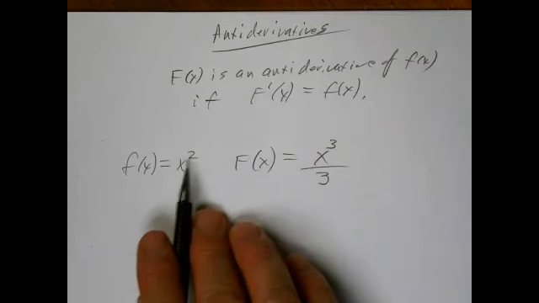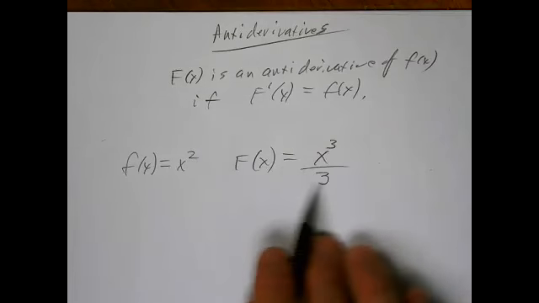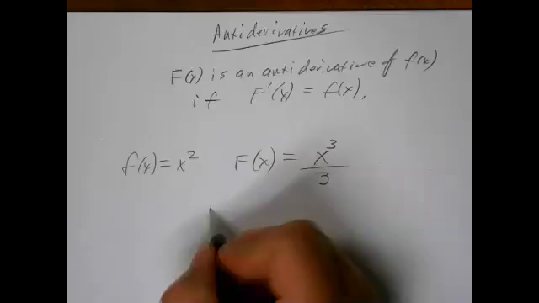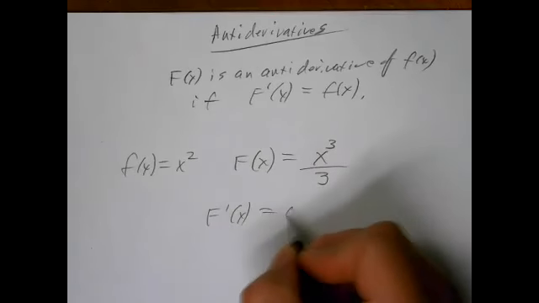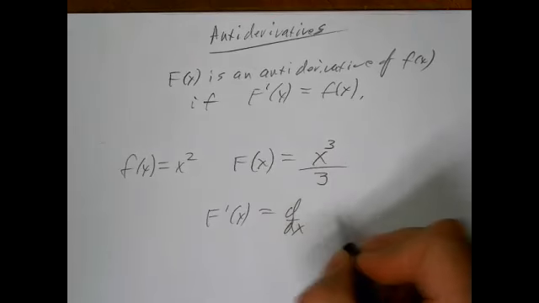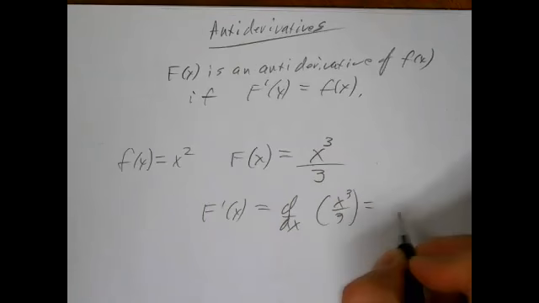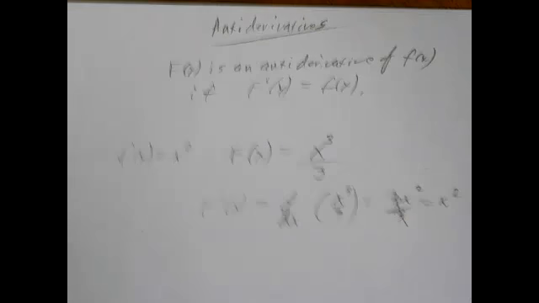So with a derivative, the power comes out front. With the antiderivative, it goes on the bottom. All right. So again, taking the derivative with respect to x of x cubed over 3 would give me 3x squared over 3. 3's cancel, and you get the x squared.